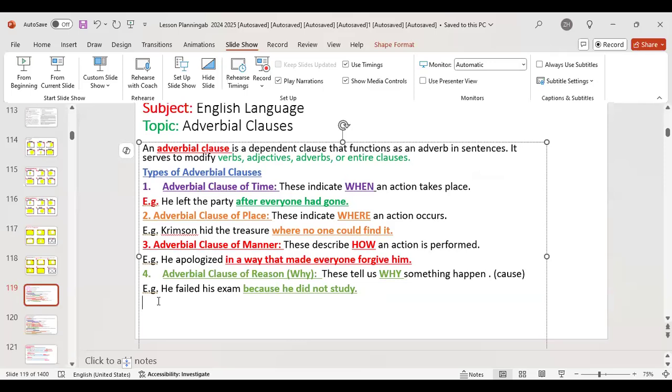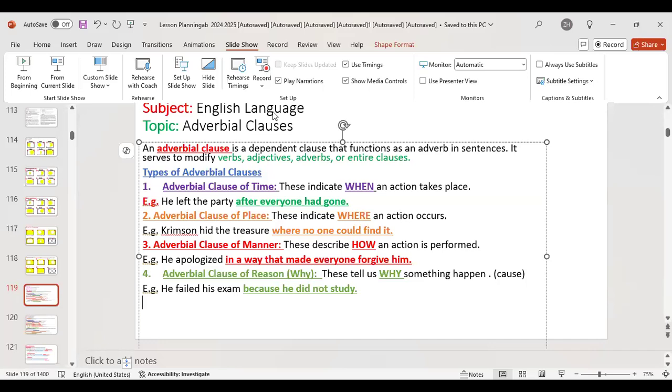Is how possible? We already have how. That's manner. Where? We already have where. That's place. Do you need a hint? Yes. Okay, if is the hint. What are we supposed to do with the word if?